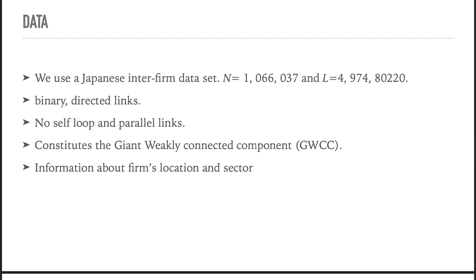It shows that most of the firms in Japan are present in this data set. This is a huge data set, and we also have information about the firms' location and sector. We will try to see how the community structures are presented in terms of the composition of the communities in firm location and sectors.